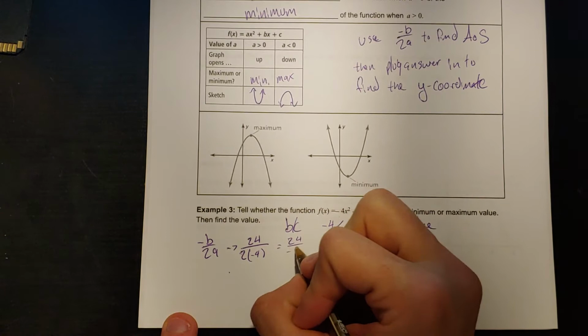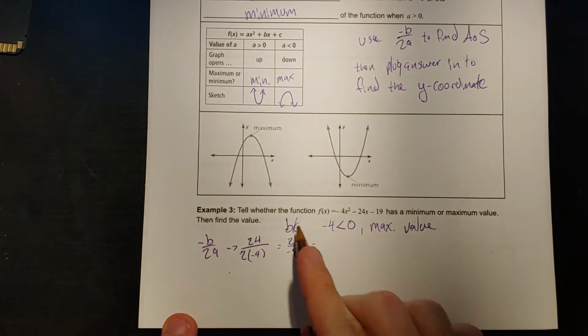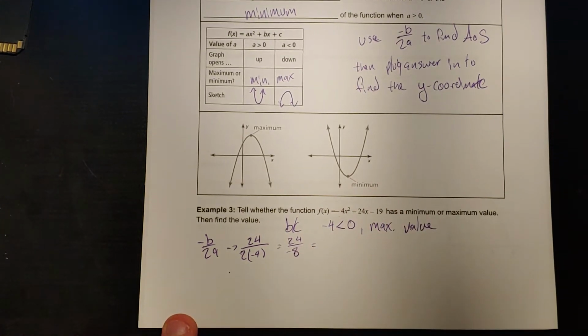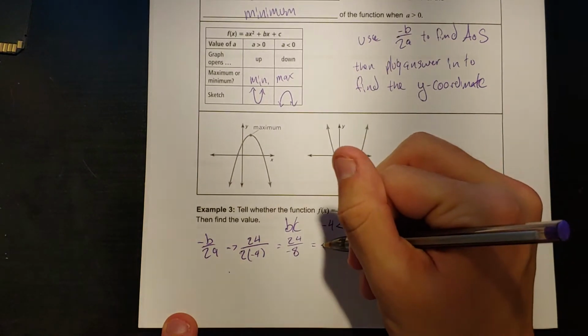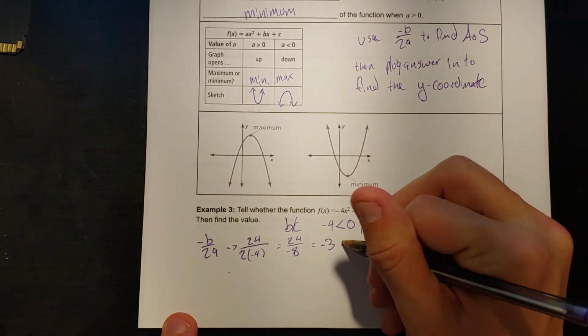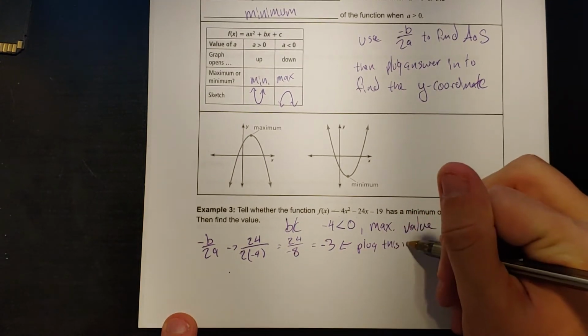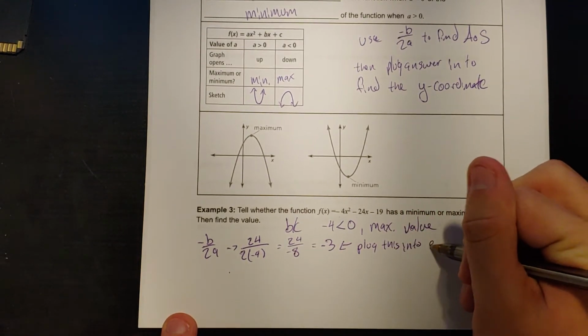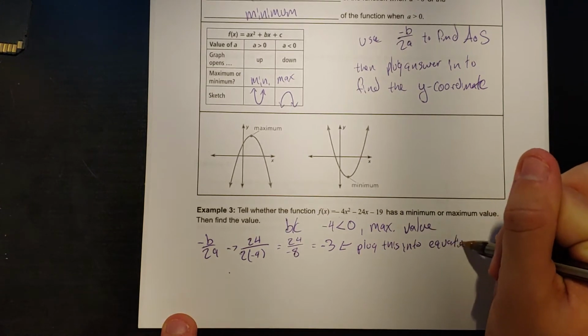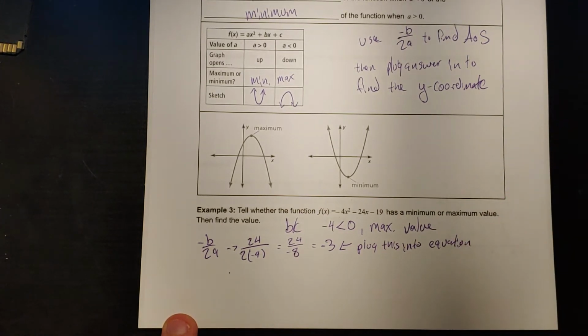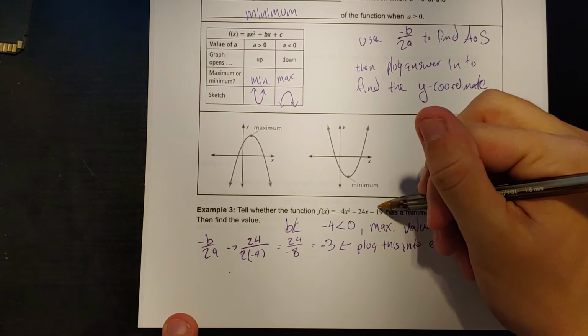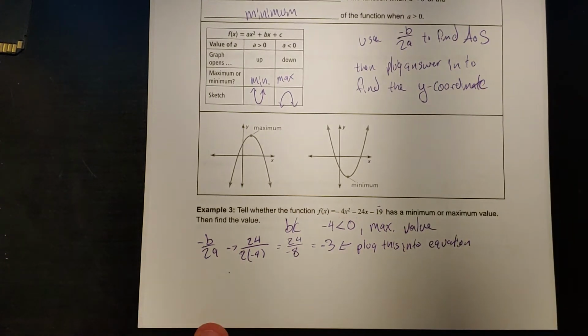So 24 over negative 8. 24 divided by negative 8 is going to give me negative 3. So we need to plug this into the equation. We're going to plug that negative 3 back into the original function to figure out what our y-coordinate is.